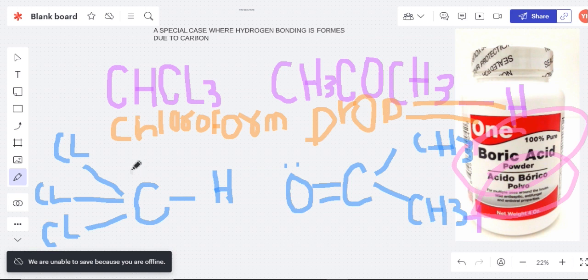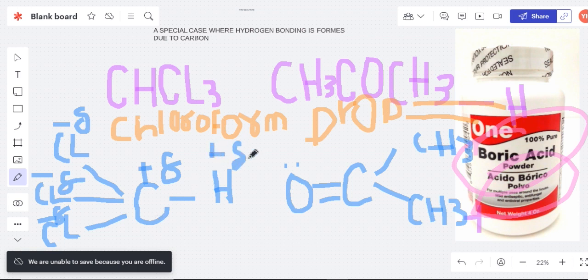So what happens? We know that chlorine is electronegative in nature, after fluorine, right? So this chlorine attracts the electron from the carbon atom, gets a partial negative charge, due to which carbon becomes electropositive, gets a partial positive charge. And this carbon attracts the hydrogen's electron toward itself, due to which the hydrogen gains a partial positive charge.